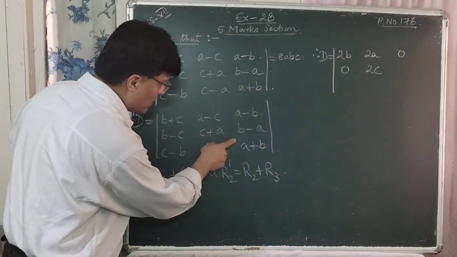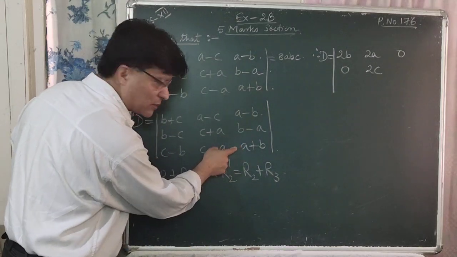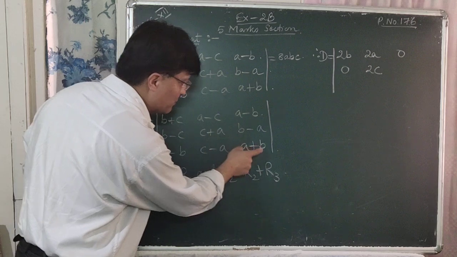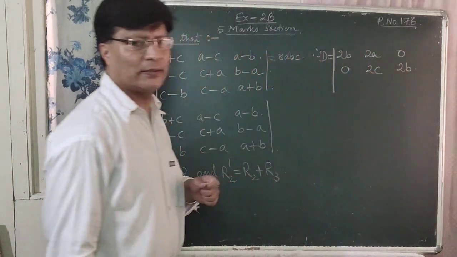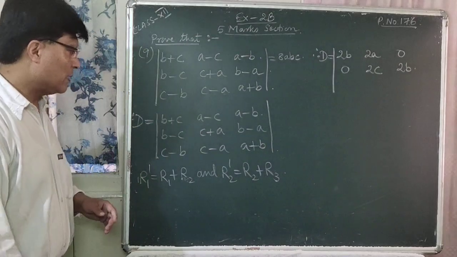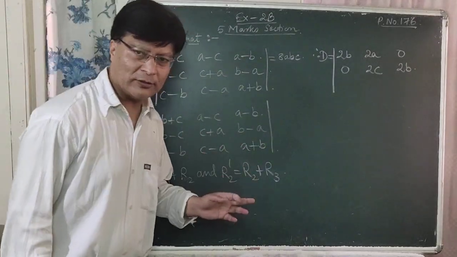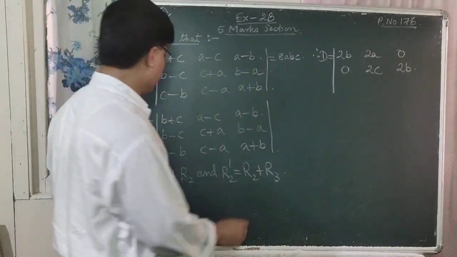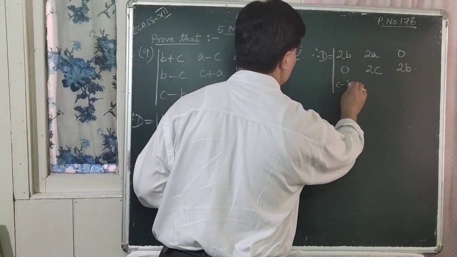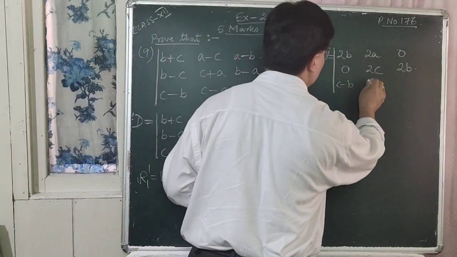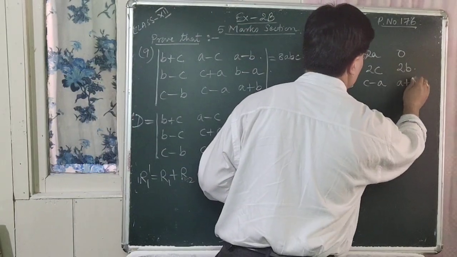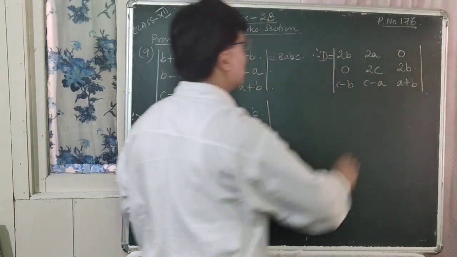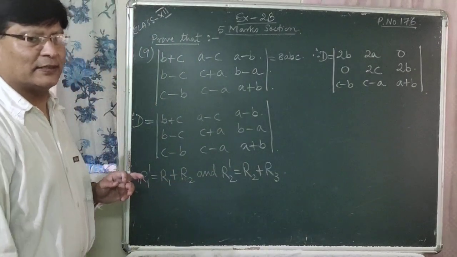Next, minus a plus a gets cancelled, b plus b is 2b, so this is 2b. Is it clear now? And what about the third row? It remains the same. Write down the third row: c minus b, c minus a, and a plus b. Is it clear now?